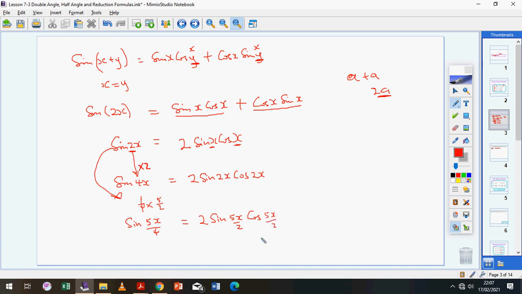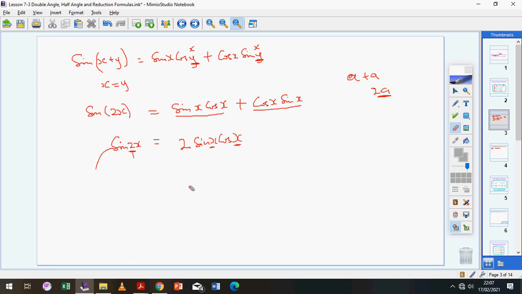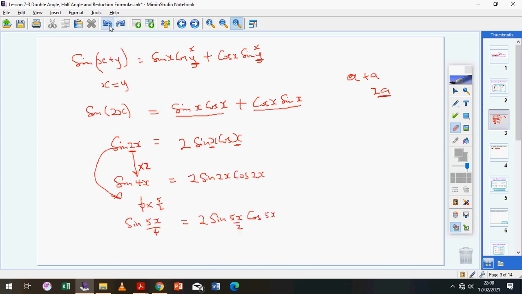So I'm just trying to stress that operations on the angle are possible for these expressions. But for now, what you need to remember is that the double angle expression for sine is just 2 sine of x cosine of x.